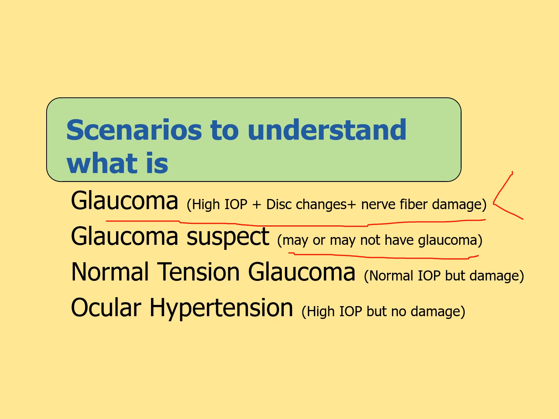Normal tension glaucoma is a glaucoma with the normal IOP or the IOP less than 21 mm of mercury. Opposite to that, ocular hypertension is high IOP but no damage seen clinically on the visual field analysis or OCT.